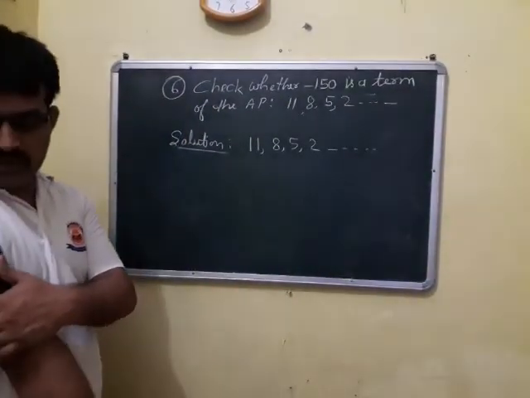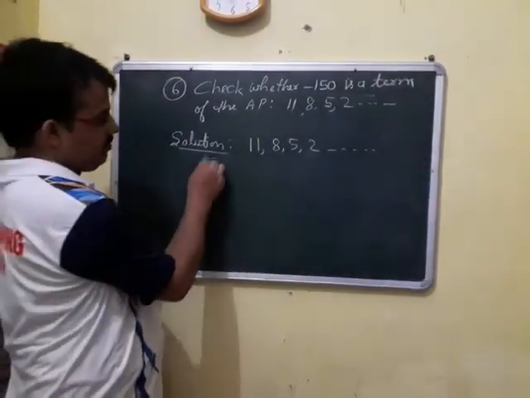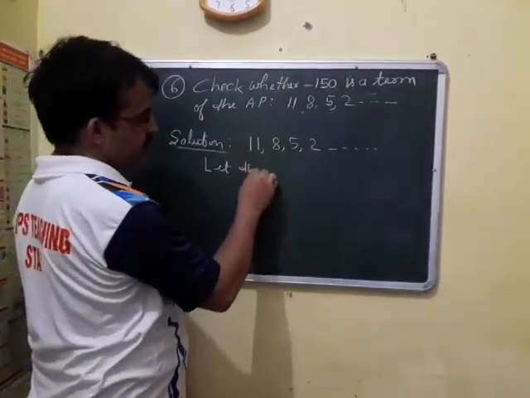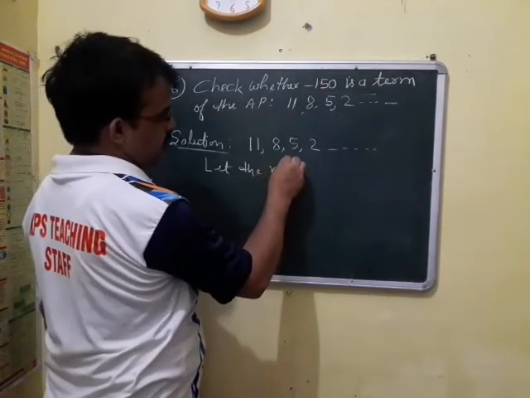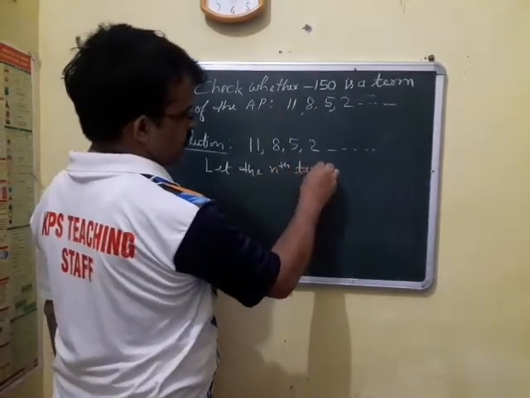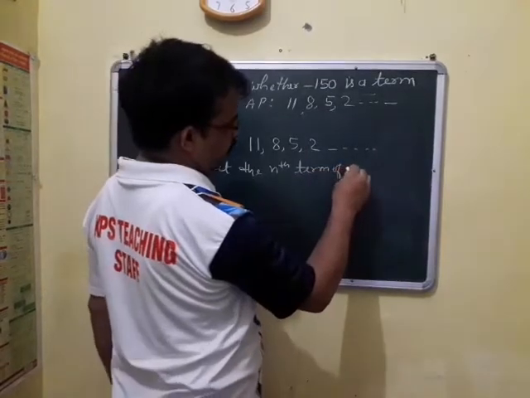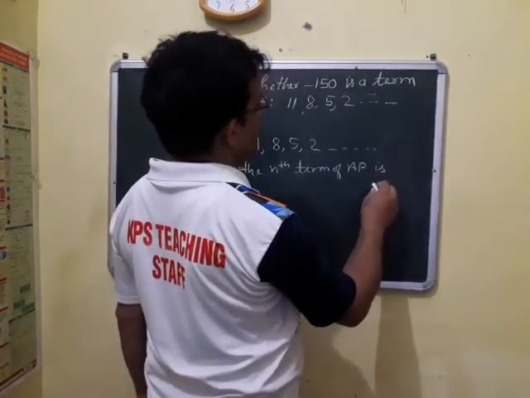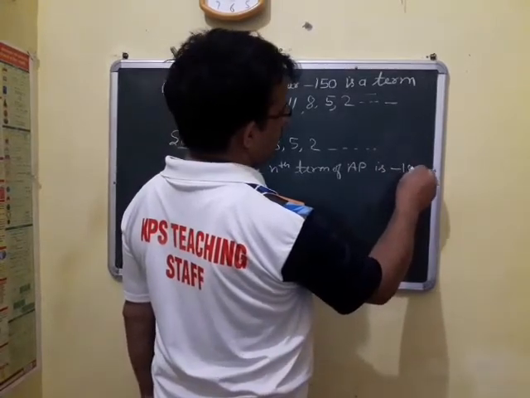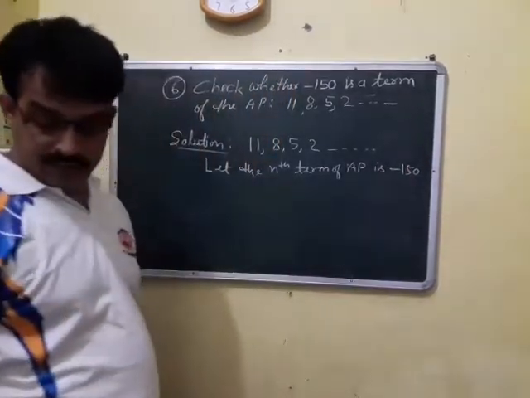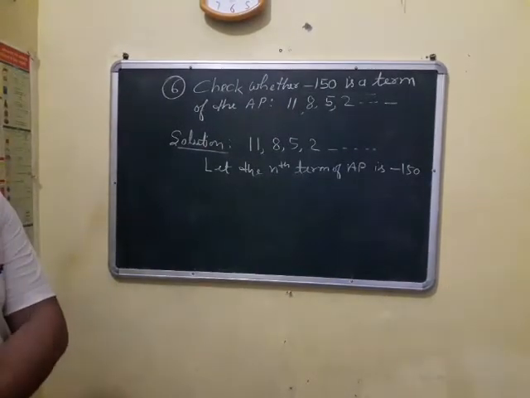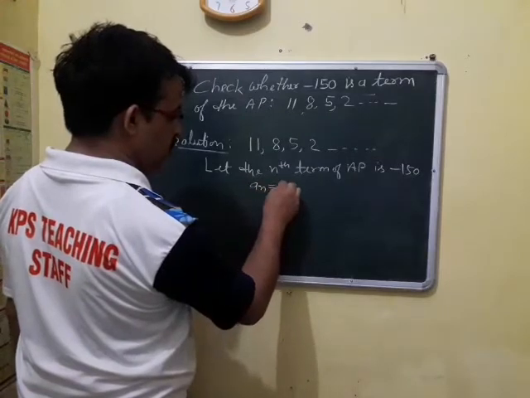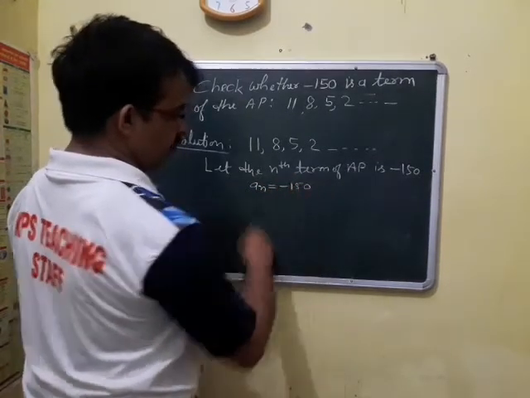So let the nth term of the AP be minus 150. Clear? So here it is given that an is equal to minus 150.